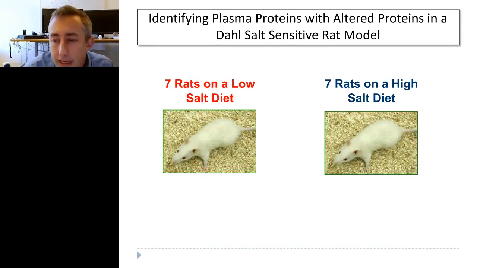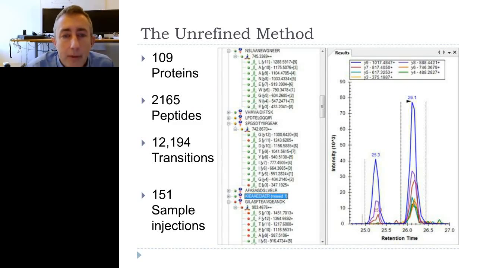We then went through the literature and pulled out about 109 proteins that were predicted to be involved in or predictive of hypertension, congestive heart failure, heart disease, inflammation, etc. that can be measured in plasma.